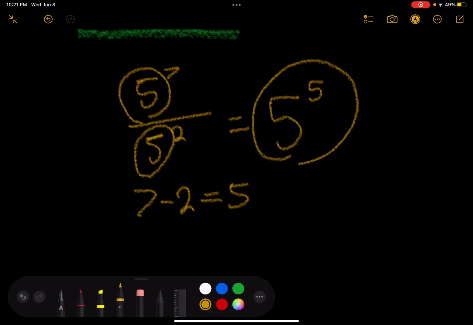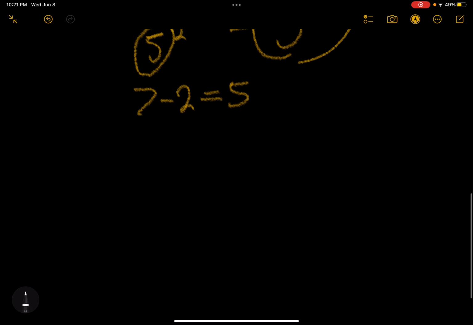Here's some stuff that might get a little trickier. Assume that you have 3 squared, and then that raised to the third. That means you're cubing this: 3 times 3 is 9, and then 9 times 9 times 9.